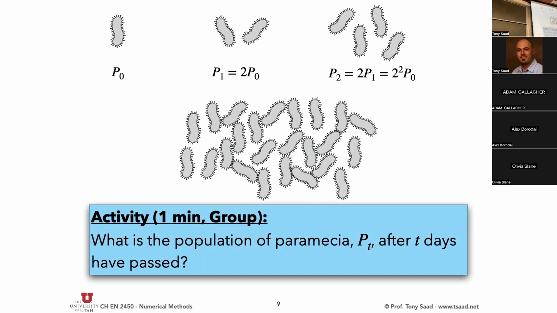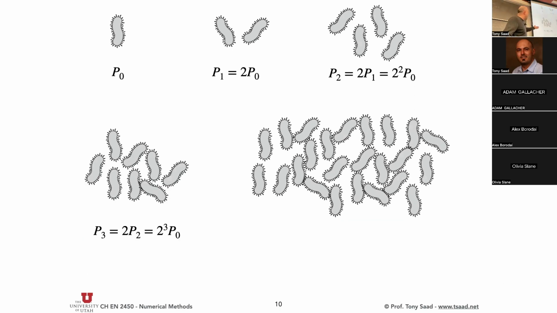How many individuals do you have in the population? It's 2 to the power T P0. If you can't see that, just do a couple more. So P3 is 2 to the power 3 P0, and then by recurrence, PT after T days is 2 to the power T P0.